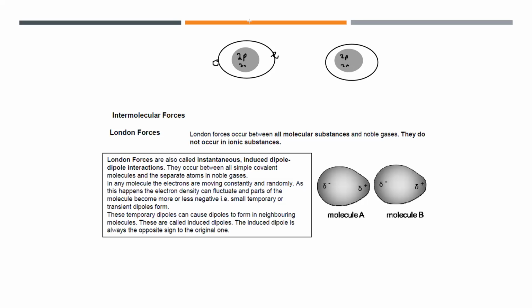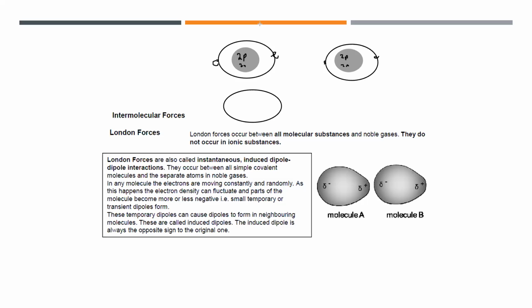Now what happens? The size is the same, but because the molecules are moving randomly, they collide with each other. The moment they collide, they cause a distortion of electrons, shifting the electron density. Electrons are negative, like charges repel and unlike charges attract.